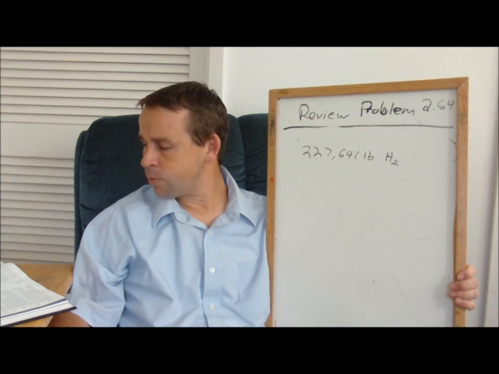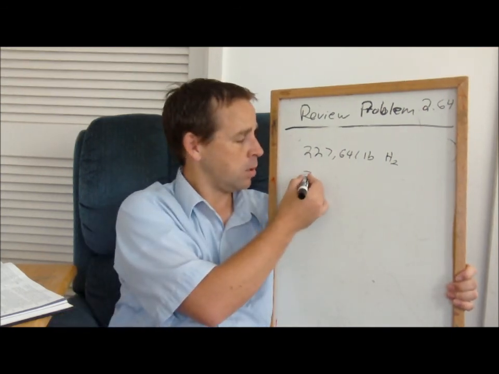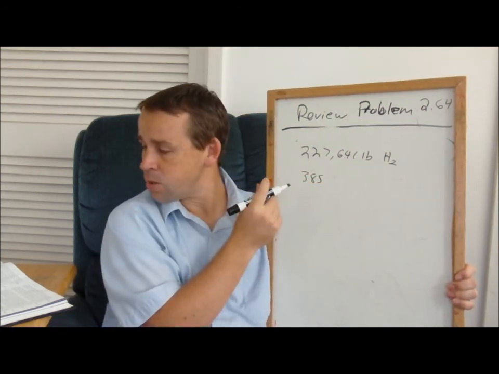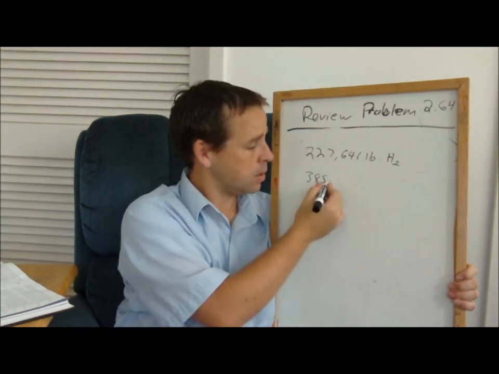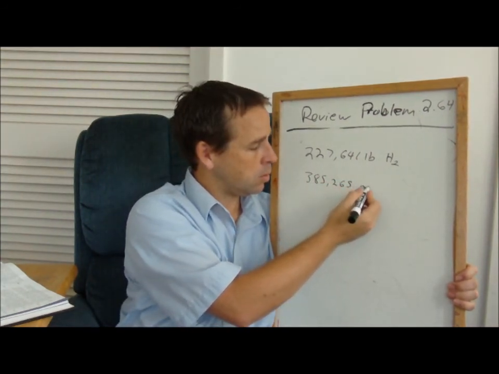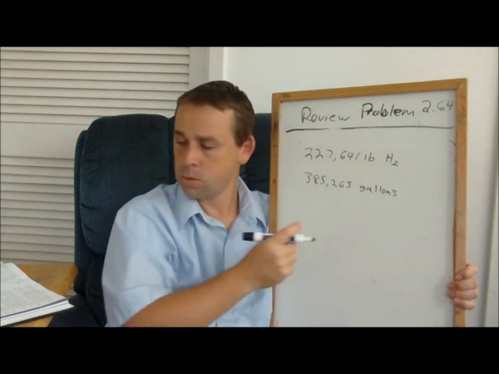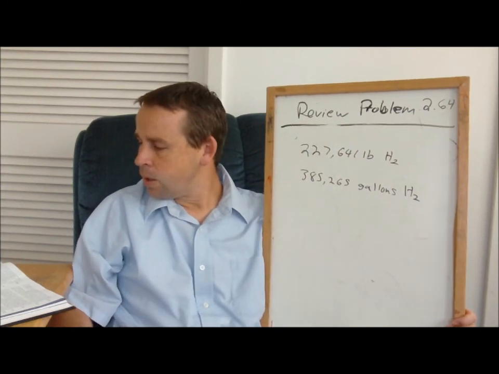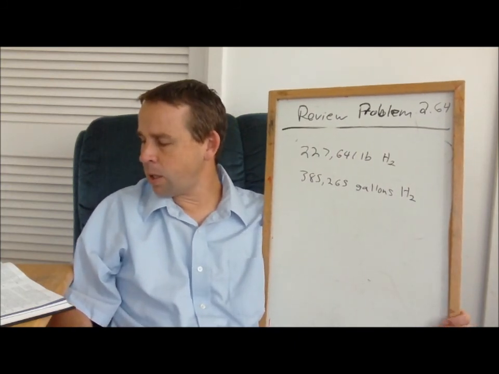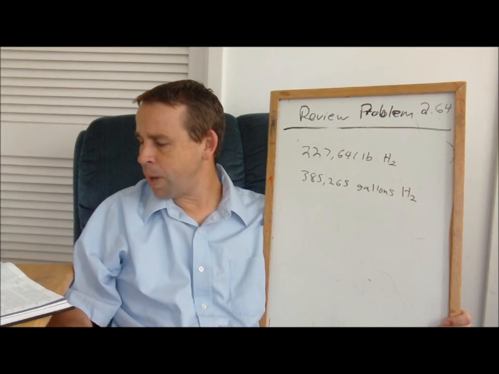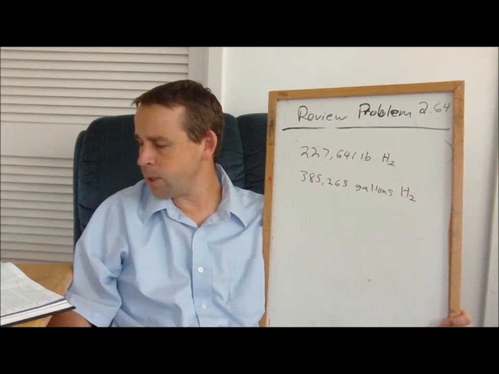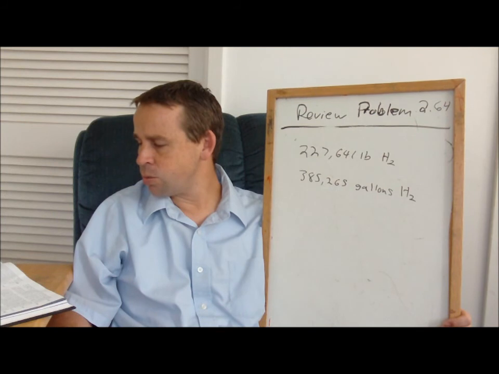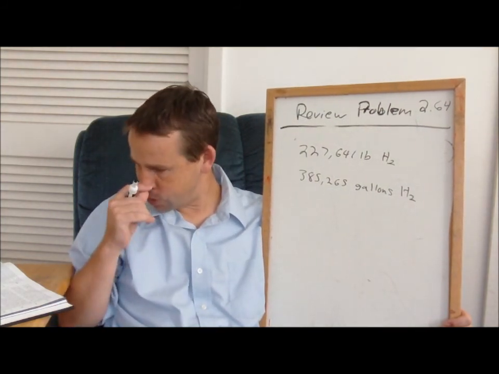With a volume of 385,265 gallons of hydrogen gas, right? Calculate the density of the liquid hydrogen in units of pounds per gallon and grams per milliliter. Express your answer to 3 significant figures. What is the specific gravity of liquid hydrogen?